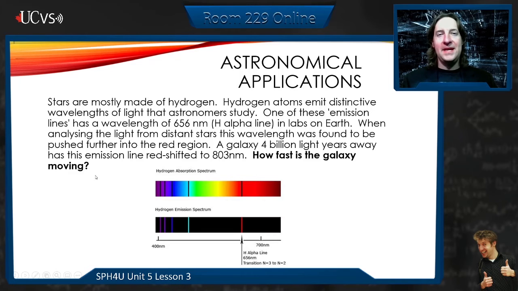This is one of the big discoveries of the 20th century, that every distant object in the universe is redshifted. What does that mean? What does that mean that all objects in the universe are actually going away from us? It was the first real evidence we had of our expanding universe, the fact that the universe is getting bigger all the time.